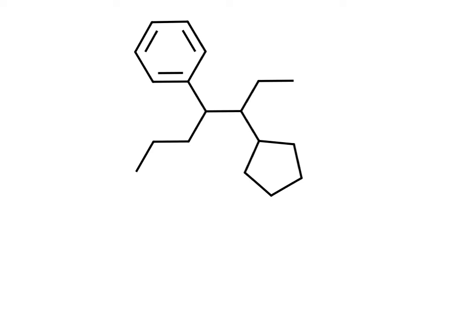And my first branching point is going to be on carbon 3 here. So I'm going to number this fellow going in that direction, sort of right to left or diagonally top right to diagonally bottom left. So we have carbon 1 here. I have a branch on carbon 3. I have a branch on carbon 4.